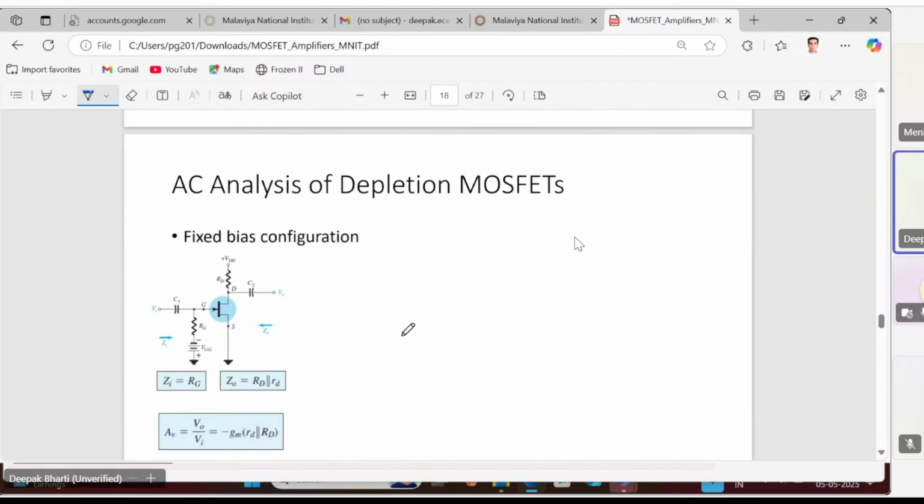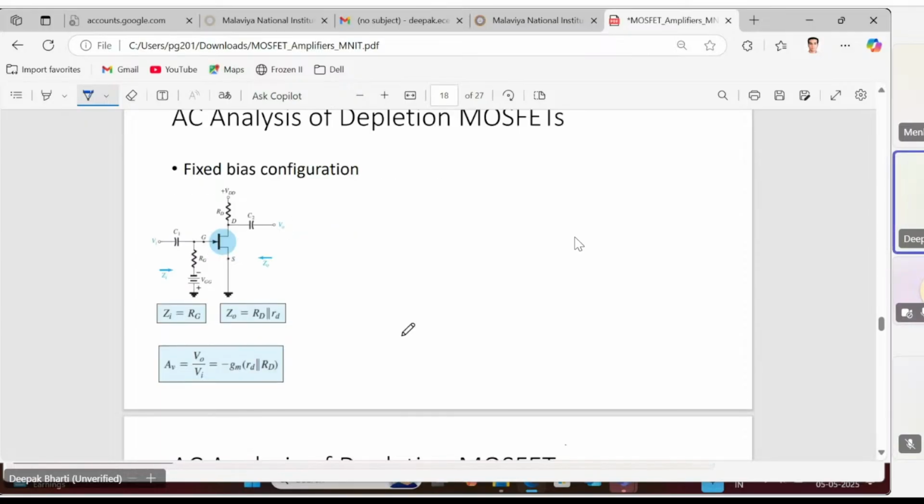So let's now come to the example of the fixed bias configuration. Let's try to draw the small signal equivalent for this particular configuration. We have already done the DC analysis for this particular circuit in our previous discussion. So today we are going to do the AC analysis also. For that I need to first draw the AC equivalent or small signal equivalent of this depletion MOSFET. So what was that?